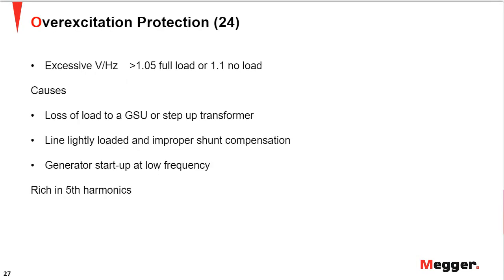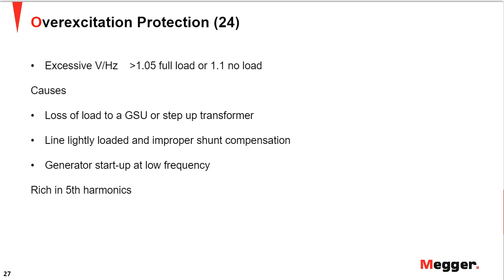So the next is the overexcitation protection. Overexcitation is basically when there is more excitation in the core, right? There will be an excess of flux in the core, and that will spill over to other areas of the transformer. Now when that happens, there are other components near the core in a transformer that are non-laminated, right?